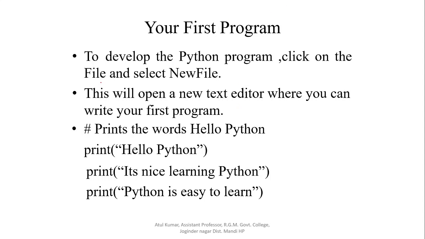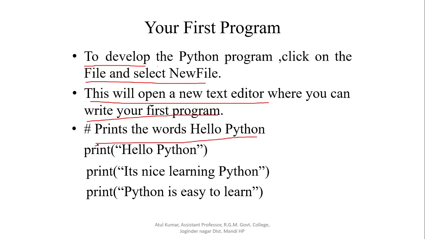So this is the first program, how to write a Python program. To develop the Python program, click on File and select New File in your IDLE IDE, and this will open a new text editor where you can write your first program. Suppose you have to print the word hello. Just write print, left bracket, start quote, Hello Python.